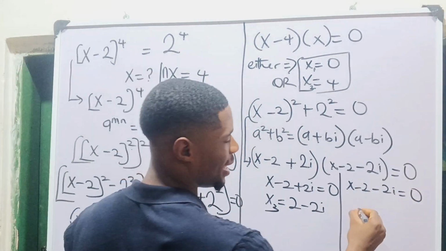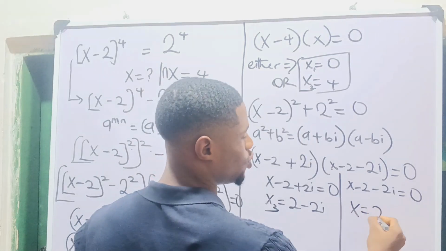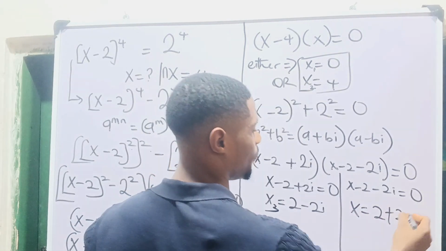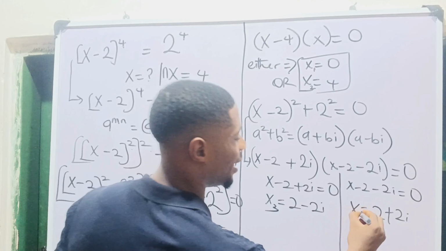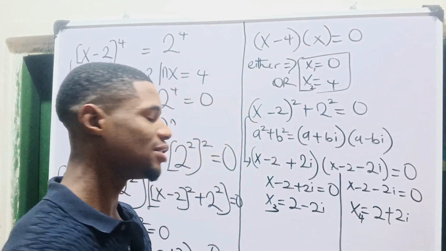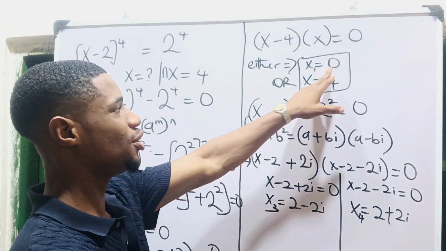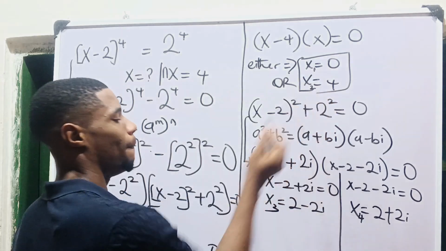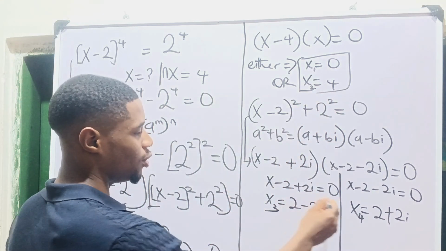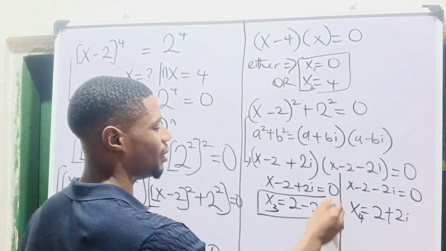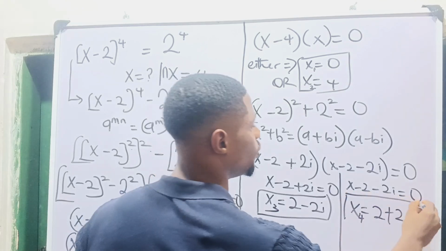From here, x is equal to 2 + 2i. So this will become our x4. So we have x1 to be 0, x2 to be 4, x3 to be 2 - 2i, and x4 to be 2 + 2i.